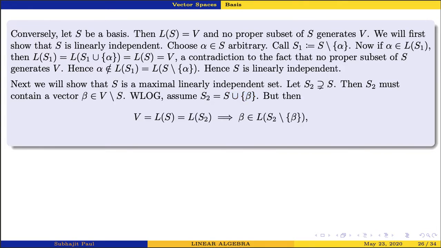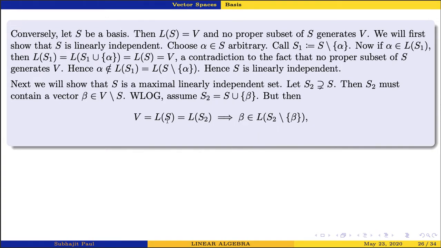Fine. But then V is equal to L(S) is equal to L(S2), because L(S2) has nowhere else to go but to be the entire V. S is a subset of S2, so the linear span of S will be a subset of the linear span of S2, but the linear span of S is entire V, so the linear span of S2 has to be entire V as well. So this means beta belongs to the linear span of S2 minus beta, right?